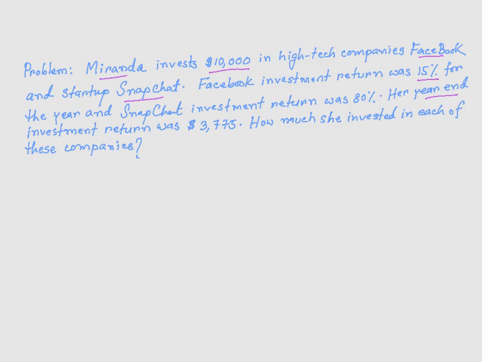Her year-end investment return was $3,775. Now the problem is asking how much she invested in each of these companies. That means how much she invested in Facebook and how much she invested in Snapchat.